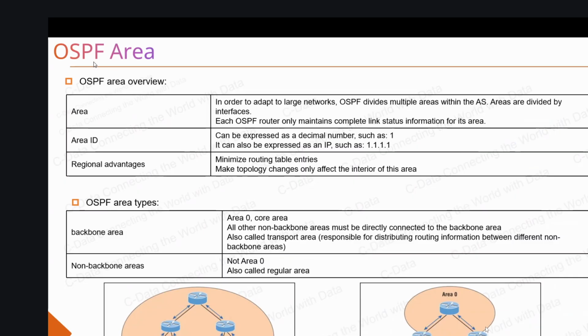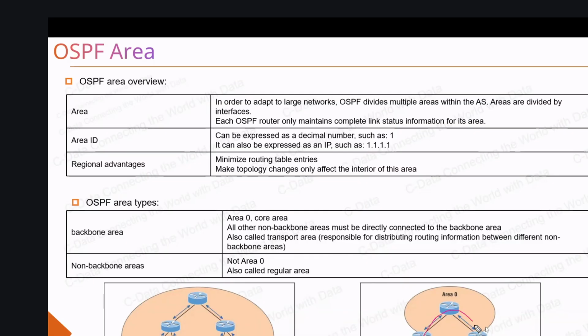As we see, OSPF is based on areas. This one is only one area. Here we have 3 areas. So if a router in area 1 wants to go to a router in area 2, it cannot go directly. Even if physically they are in the same city, it cannot go directly.